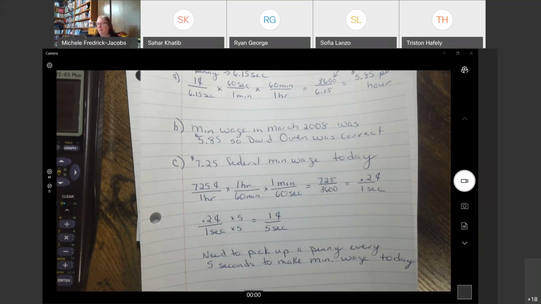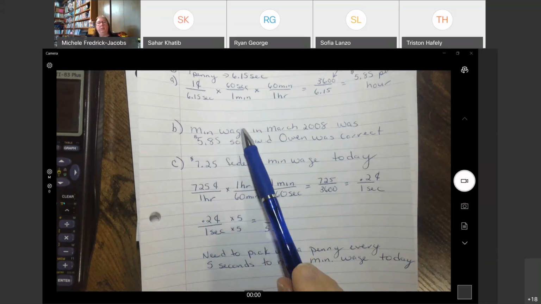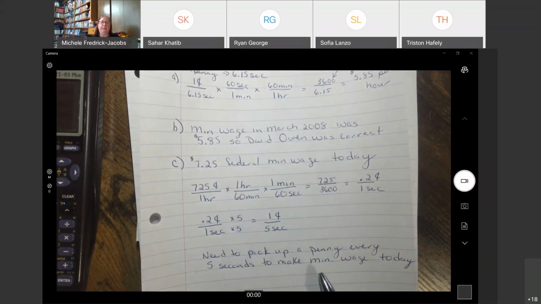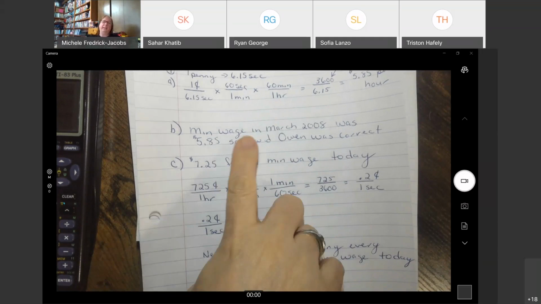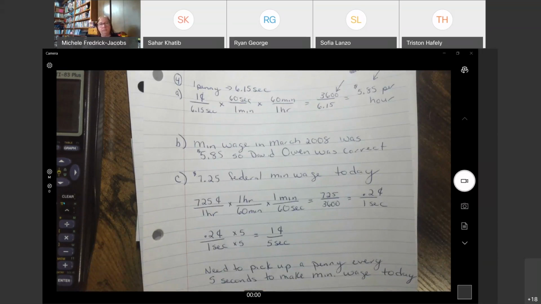Any questions on that? So then just do your work. For this one, really, all you have to say is the minimum wage in March 2008 was 5.85. Then you could put that sentence in your paragraph. So there really wasn't any calculation in Part B. If we just write individual sentences for each one of those, do we still have to write a paragraph? Well, this one doesn't say compare.